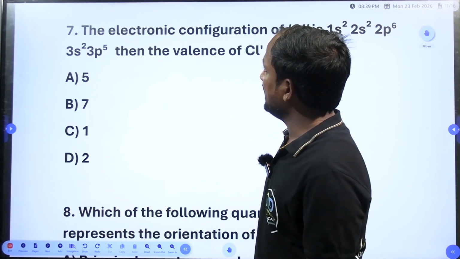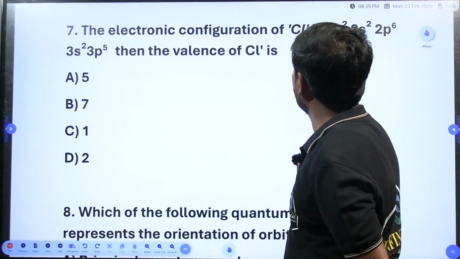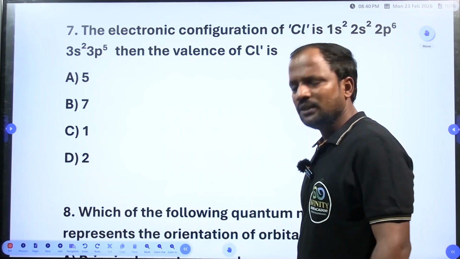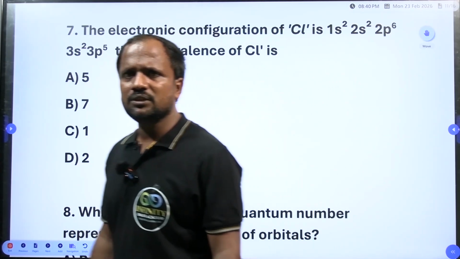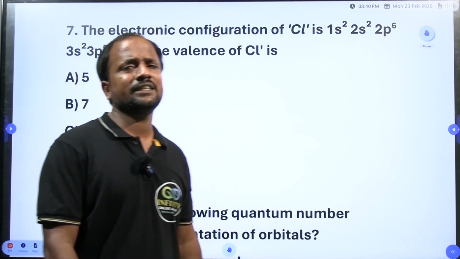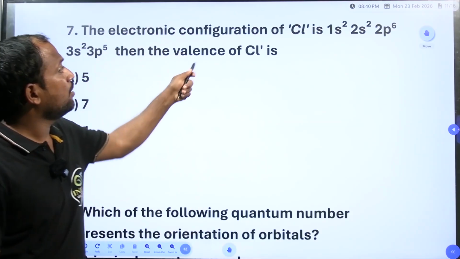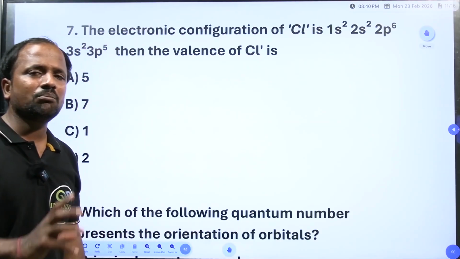The electronic configuration of chlorine. Chlorine has atomic number 17, so the electron configuration is 1s2, 2s2, 2p6, 3s2, 3p5. Then the valency of chlorine. Valency means combining capacity.